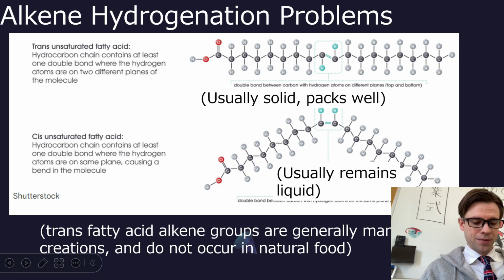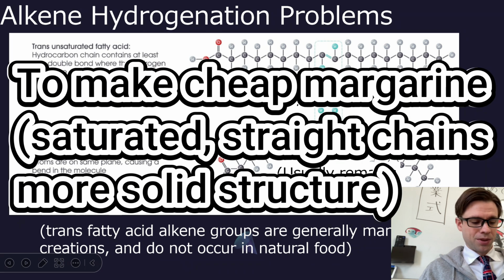But sometimes people want solid or waxy fats, for example butter or margarine. It's nice to have a solidified form that you can spread on things, or that offers a bit more structure to your cooking. So hydrogenated vegetable oils were a big thing when I was growing up.